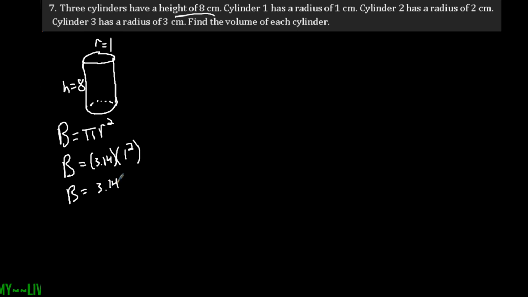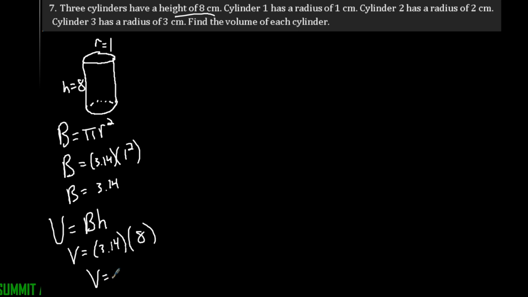So the area of that base is going to be 3.14. The volume of that is going to be the big B times H, which is going to be equal to 3.14 times 8. So we're going to say volume equals 25.12. We're going to say centimeters, so cm cubed.